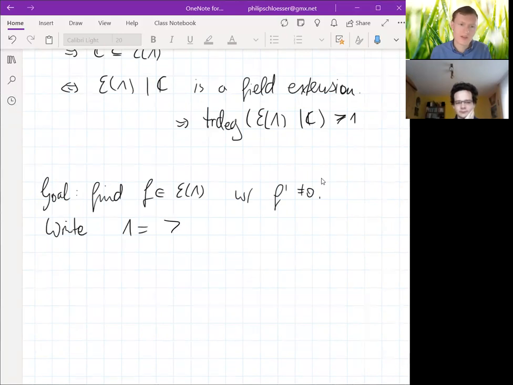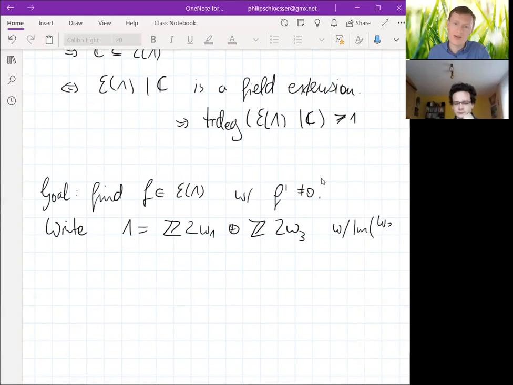For lambda, we write lambda as Z times 2 omega 1, direct sum Z times 2 omega 3, where I guess we still have a lot of ambiguity of choosing our basis, but additionally, we are going to require that the imaginary part of the quotient of omega 3 and omega 1 is bigger than 0, which basically translates to: if this is omega 1 and this is omega 3, then the imaginary part of the quotient is positive.